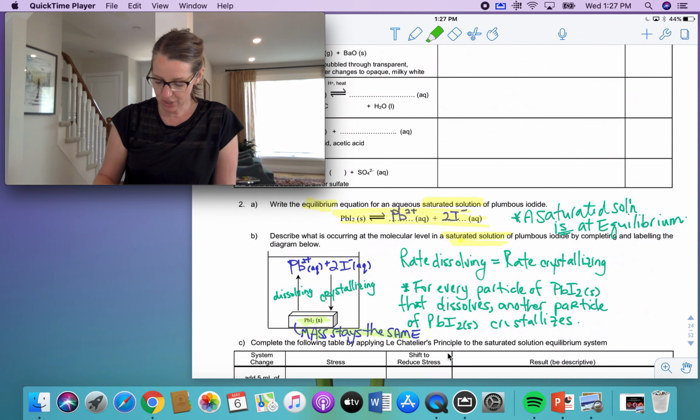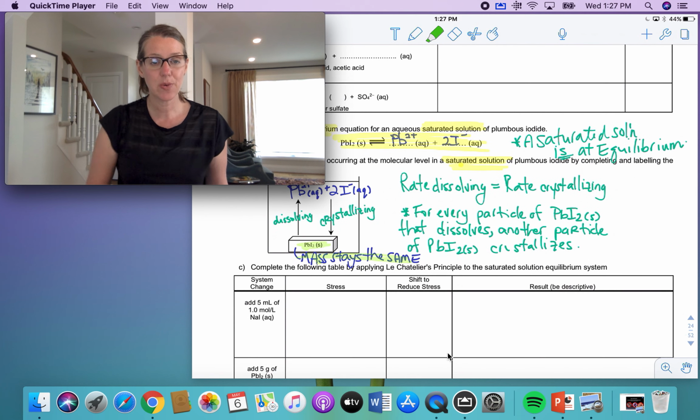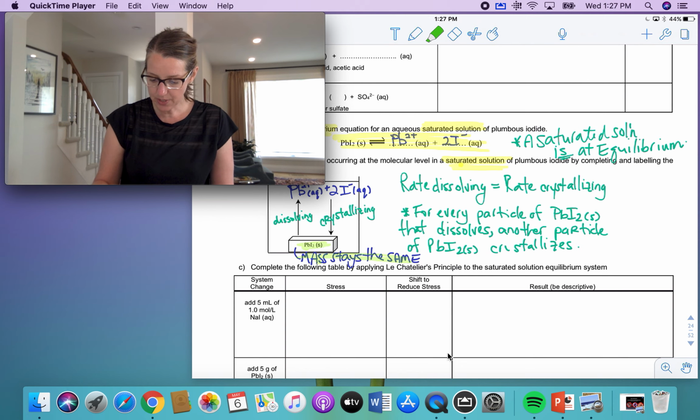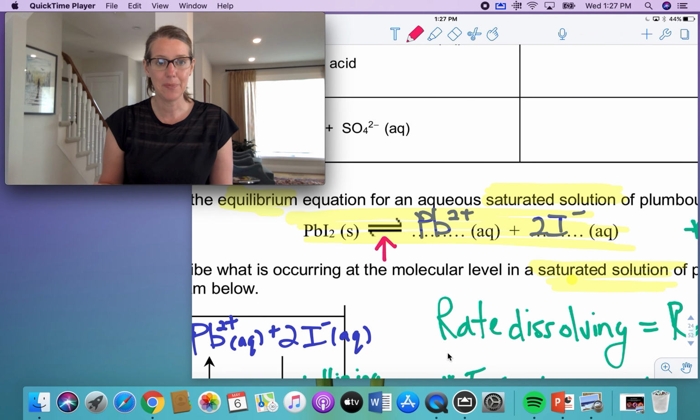I just wanted to mention this one here, where you have a saturated solution. If it's completely saturated, you show saturation by putting in the equilibrium arrows.